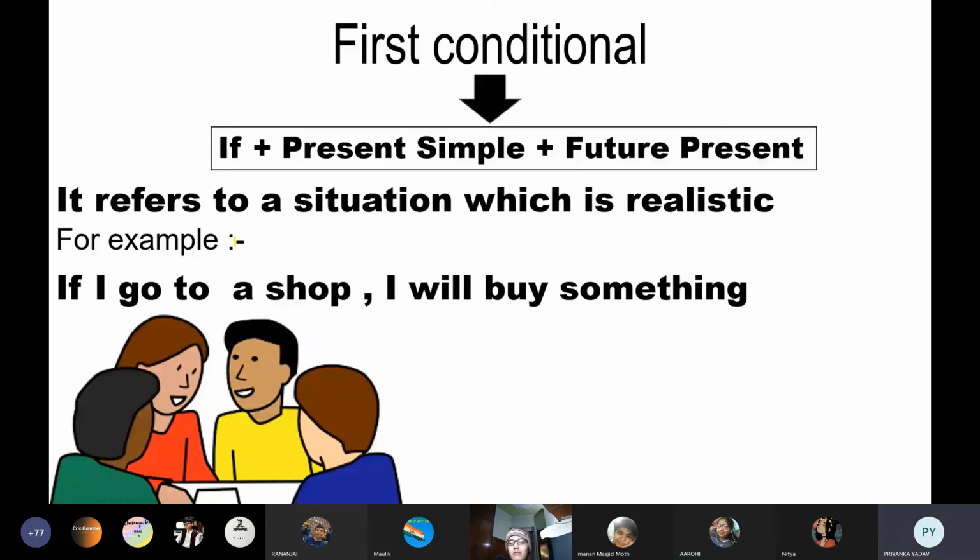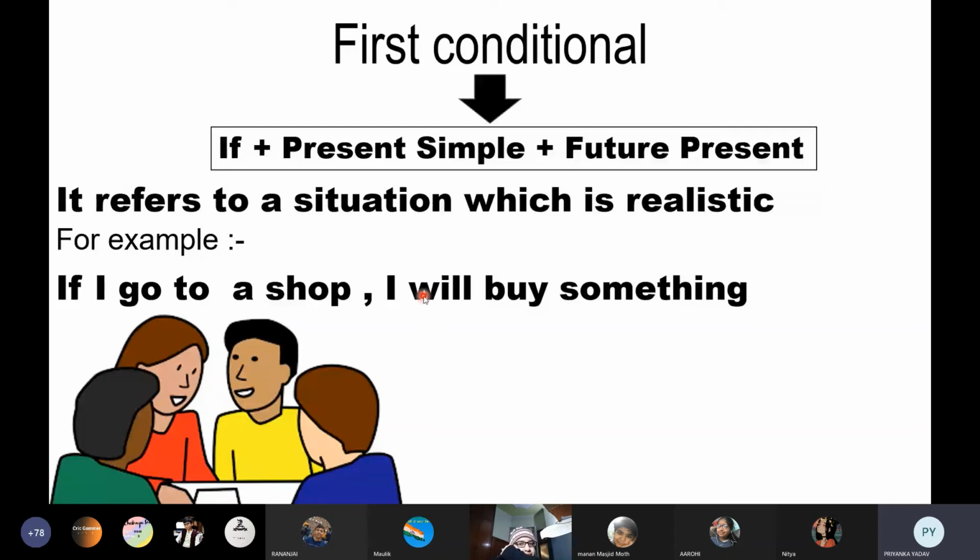I hope it is clear now. Formation. How a real conditional sentence is formed. In the condition clause you will use if plus simple present tense, then you will put a comma, and in the result clause you will only use simple future tense. I hope it is clear.